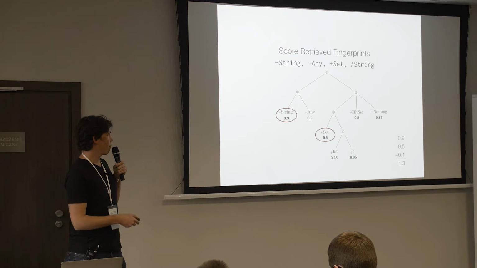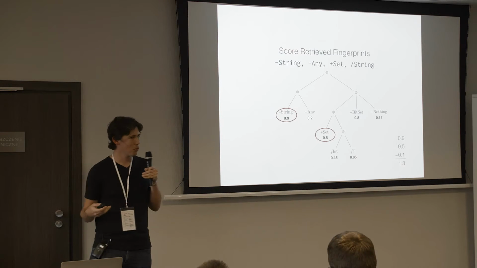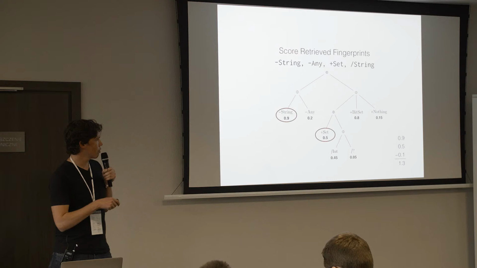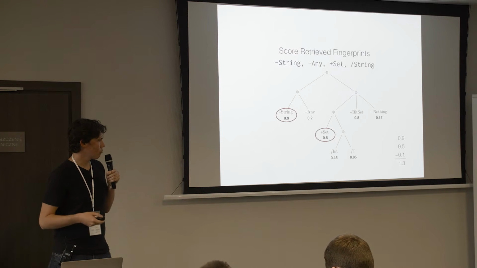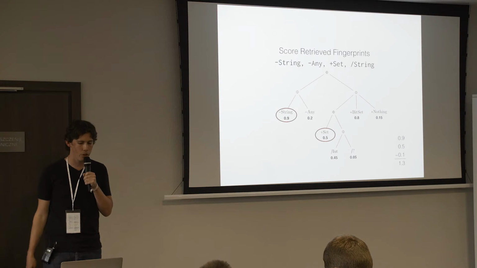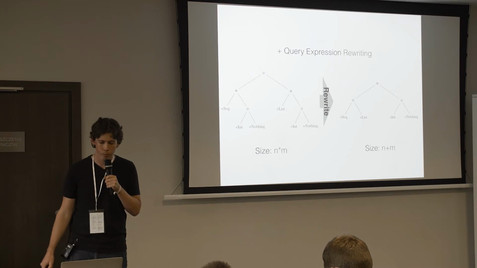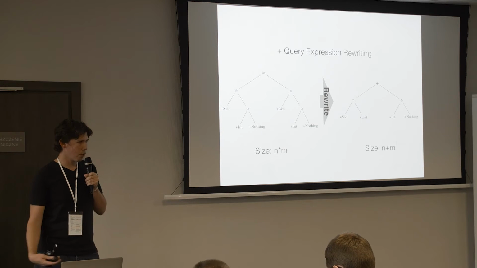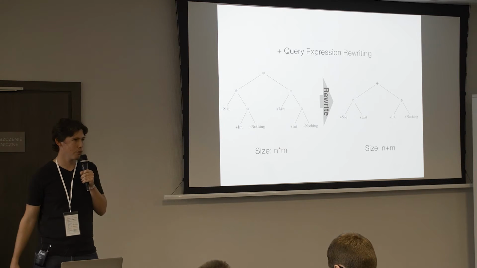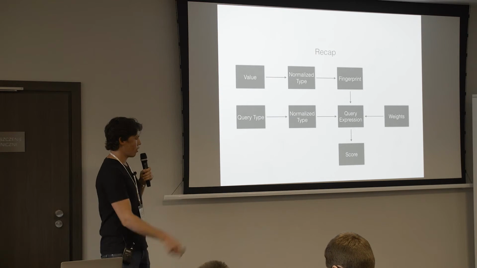For example, I have received a string, any set and an invariant string term, and now can evaluate, assign each of these terms to the expression tree to finally get a score. This is not a trivial operation, but it can be done pretty fast. You also can rewrite those expression trees to reduce the overall size of it. So this is a pretty good optimization of the general approach. Yeah, this is a general overview.